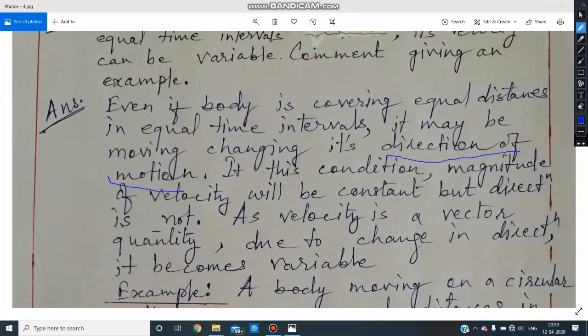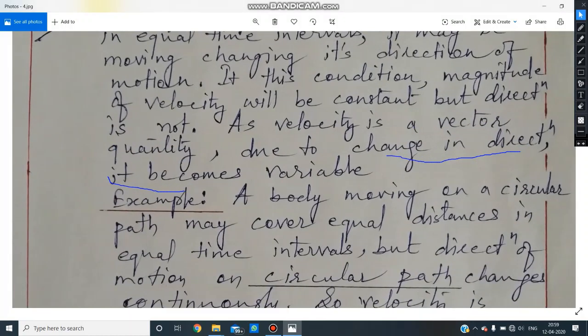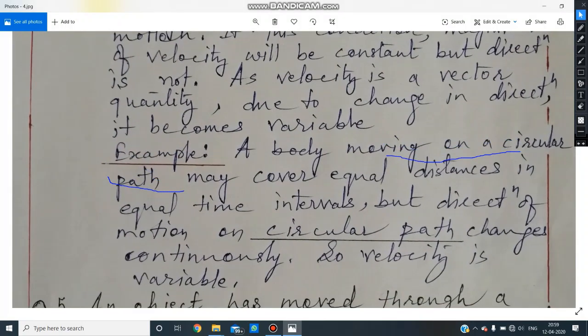And in this case, even if magnitude is remaining constant, as the direction is changing, the velocity will be variable. Here, this kind of situation we can observe in a well-known case, which is the case of when the body is moving in a circular path. We can see here when body moves on a circular path, it can be covering equal distances in equal time intervals.